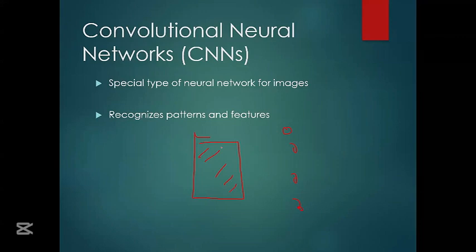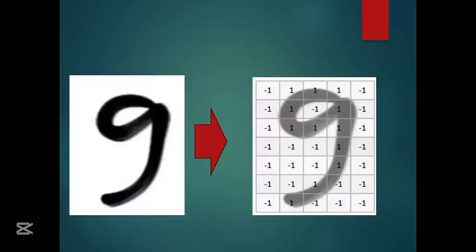Instead of using the pixels as input, they tried to use some other method as the input layer. If we use the pixels, then we need a lot of input nodes. So they tried to do some mathematical calculation to reduce the pixels, right?